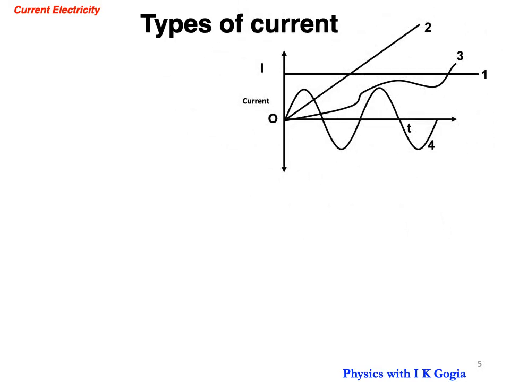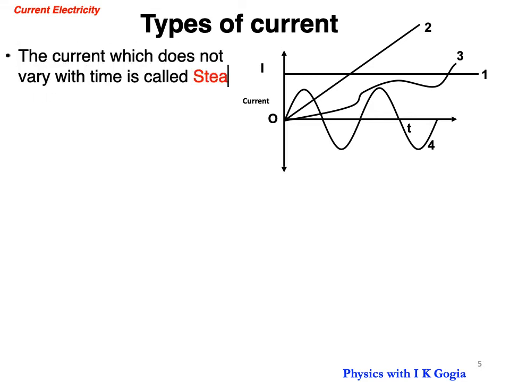The types of current: here is a graph which shows variation of current with time. The current which does not vary with time is called a steady current. Curve 1 represents steady current. As you can see, the graph is parallel to the time axis.